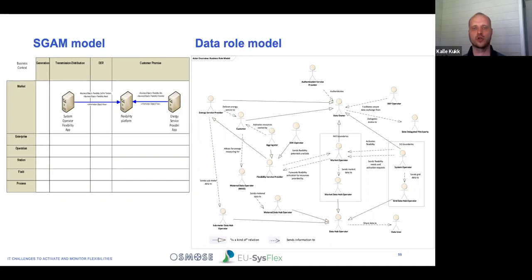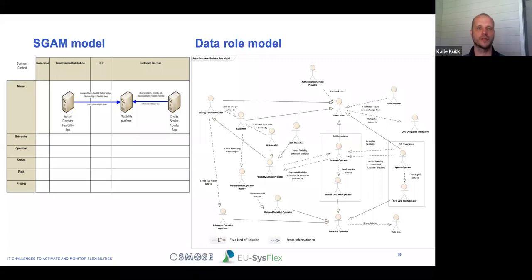And in this data role model, we also identified some new roles which we think are useful. And since our work was from the data perspective, these new roles were also mainly focused on data roles, for example, the data exchange platform operator or authentication service provider.